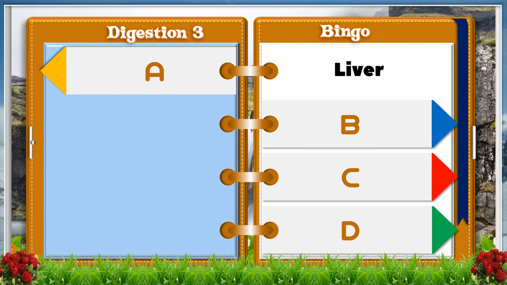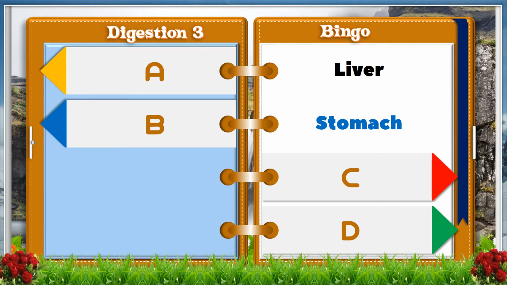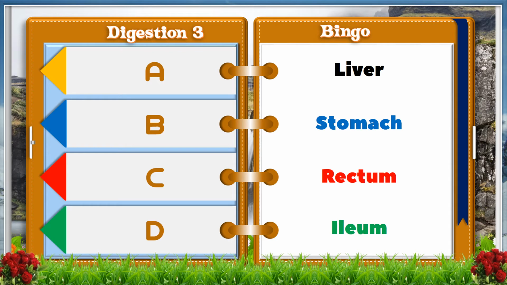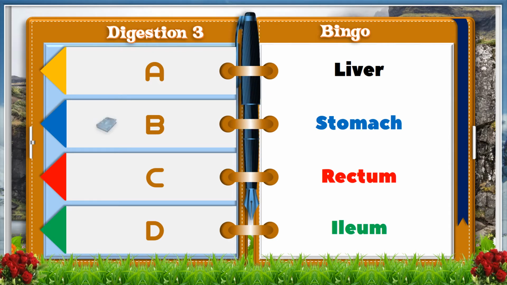A. Liver. B. Stomach. C. Rectum. D. Ileum. And the answer is B. Stomach.